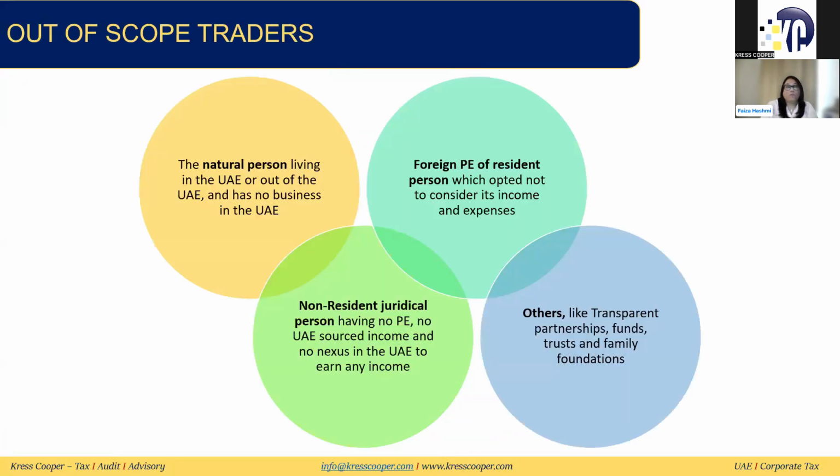Out-of-scope traders could be natural persons who are living in the UAE or out of the UAE, but are not doing any business in the UAE. They could be non-resident juridical persons who do not have any PE or UAE source income or no nexus in the UAE, or a foreign PE of a resident person which has opted not to be taxed and not to include the income and expenses. Other examples are transparent partnerships or funds, trusts, and family foundations.